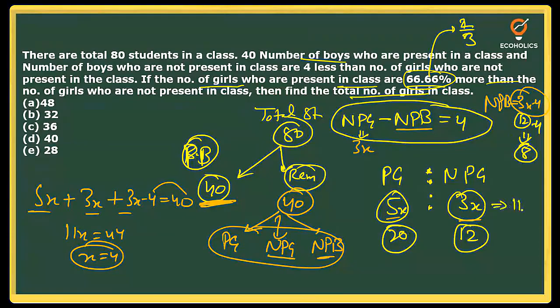So the total number of girls will be 11x, which is 44. Sorry, my mistake. 8x, so it will be 32. So 32 will be the girls here. Clear? Any doubt in this? Let's go for the next one.